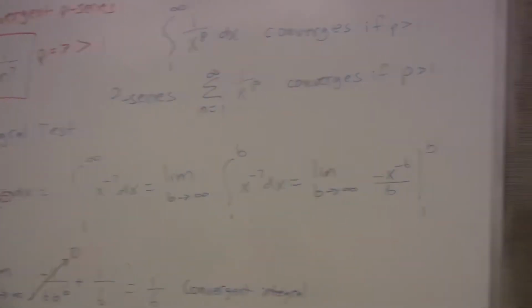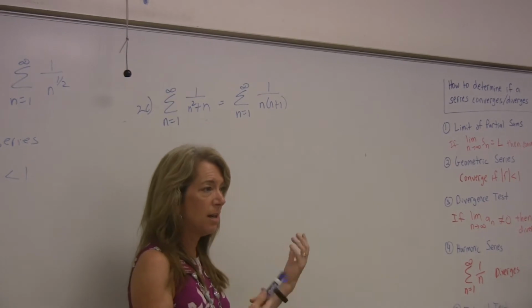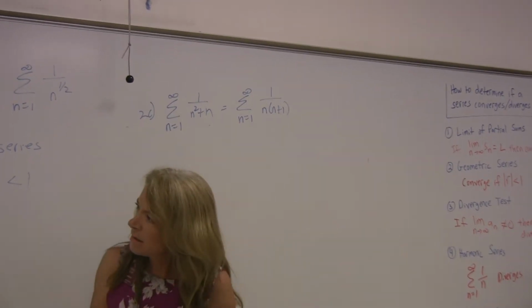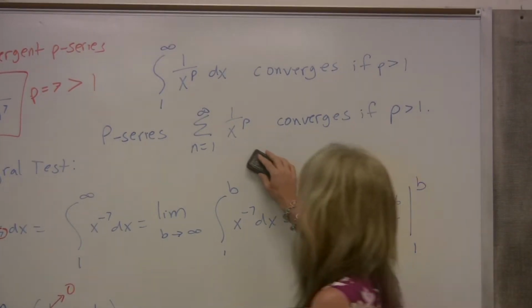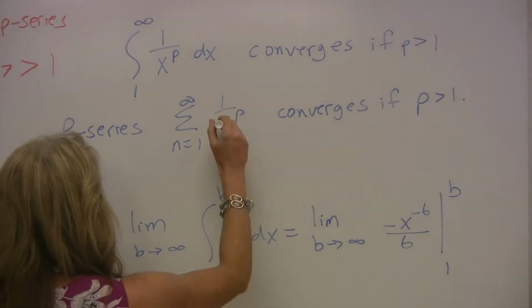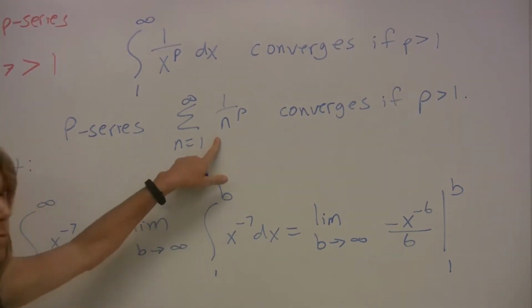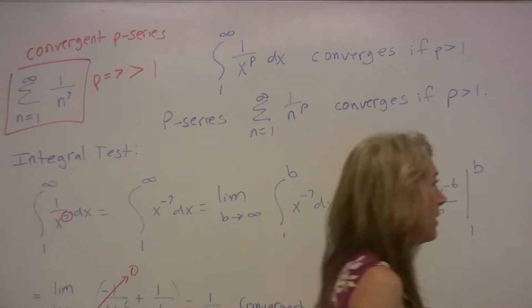Oh, did I say x? There should be an n. You guys catch that? I put an x in here instead of an n. It should be an n when we're talking about series.